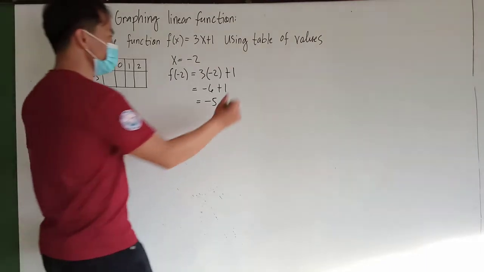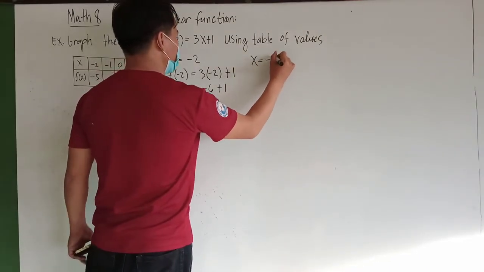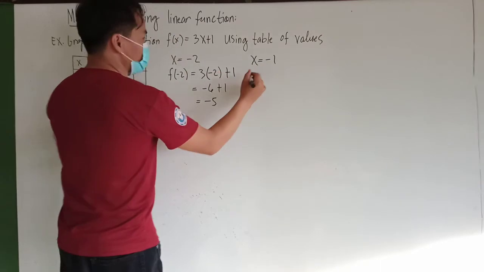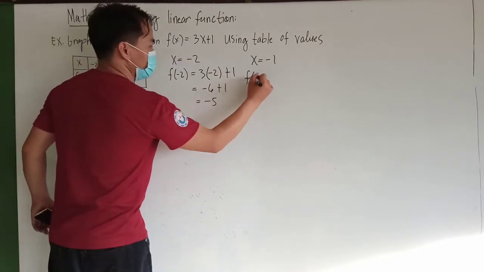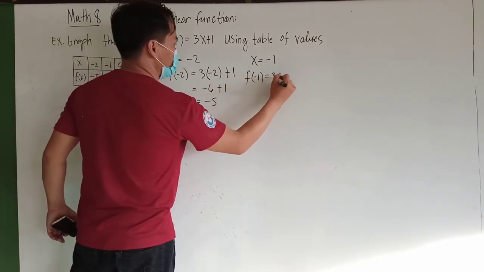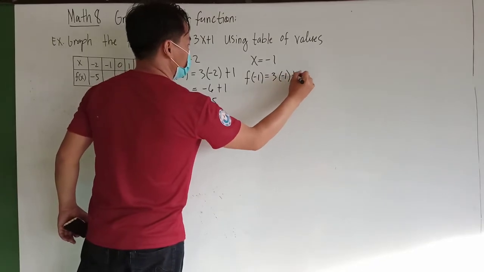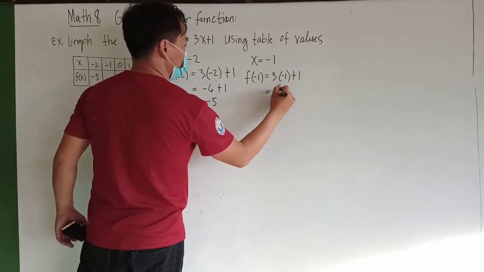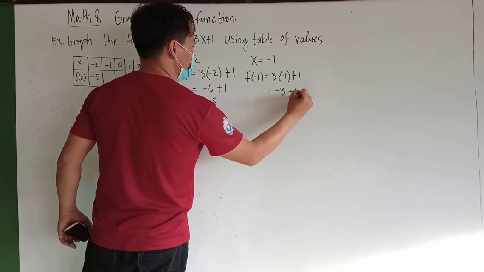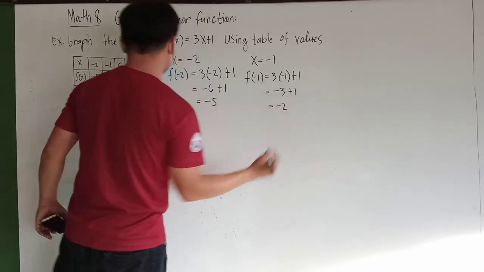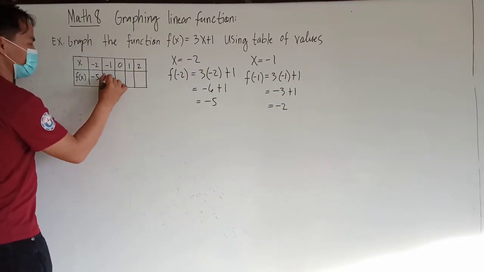Next, with x = -1, using the same function, f(-1) = 3 times -1, plus 1. So 3 times -1 is -3, plus 1, we have -2. So we have -2 in here.